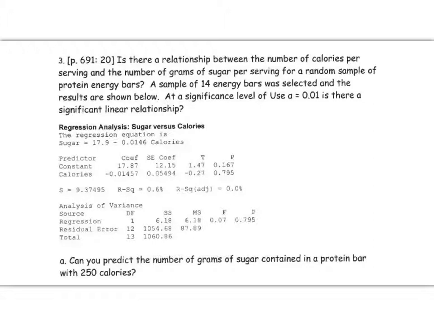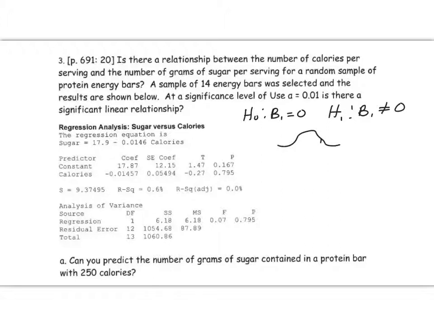So our null hypothesis, again, is that our slope equals 0, and that would be no linear relationship. And then our alternate hypothesis is that the slope does not equal 0, and that would indicate a significant linear relationship.